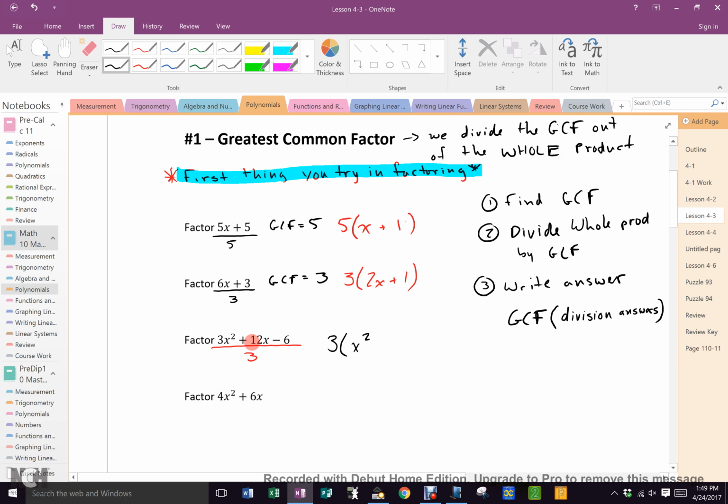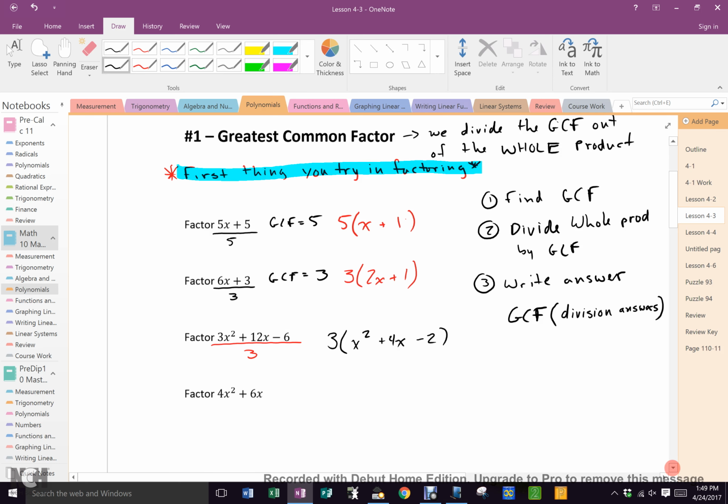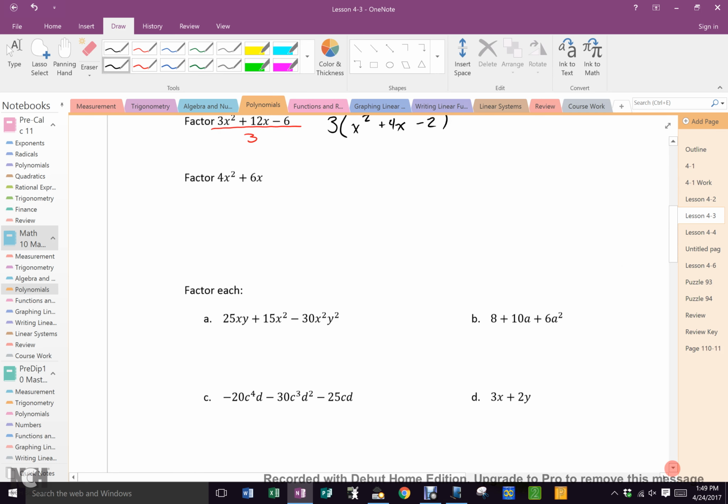X squared. What's 12x divided by 3? Plus 4x. What's 6 divided by 3? Negative 2, because I had a negative there. It's not hard, right? Okay, look at the last one and tell me what is very subtly different.